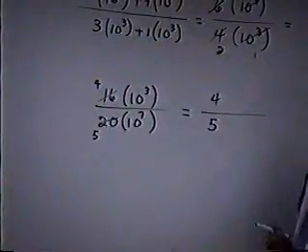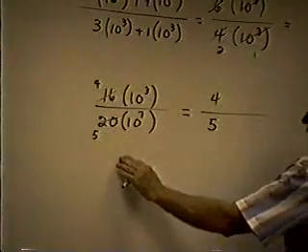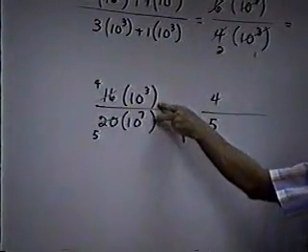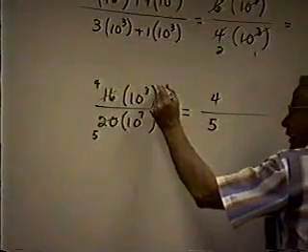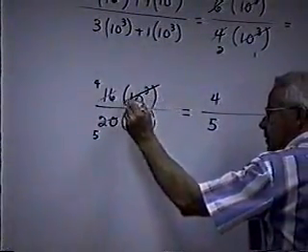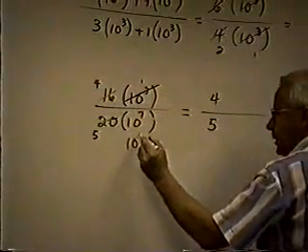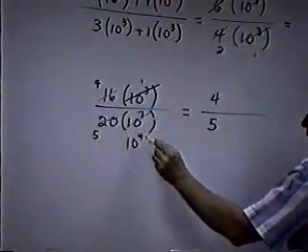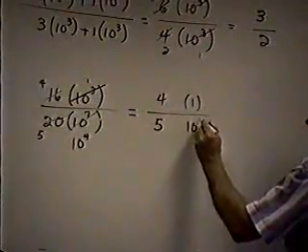So here's what we do. You remember when we multiplied 10 to the power times 10 to the power, we added. When you divide, you subtract. So what I'm going to do is divide 10 to the 3rd out of this, and that'll leave 1 times. And here, dividing out will be 10 to the 4th, because I subtract powers. So what I have left on top is a 1, and what I have left on the bottom is 10 to the 4th.